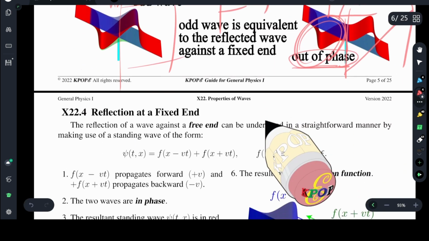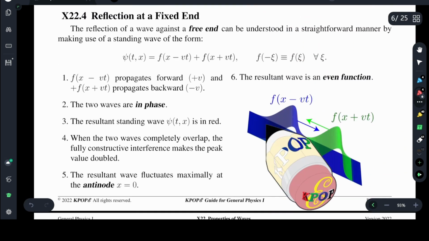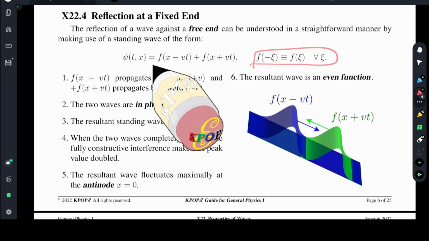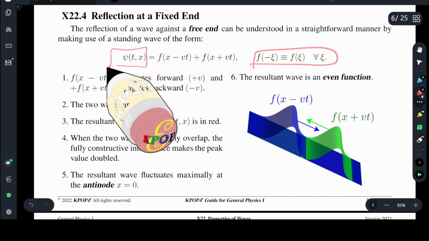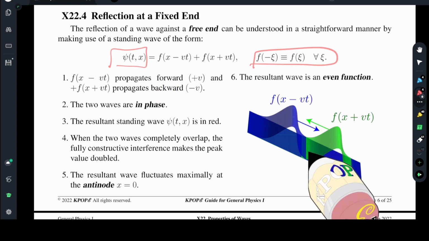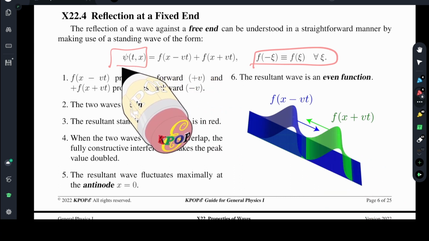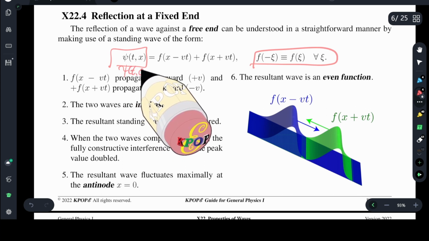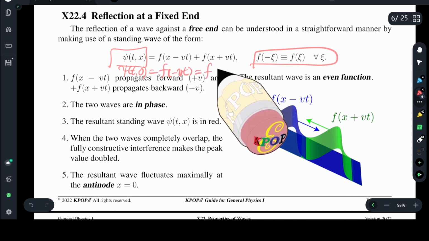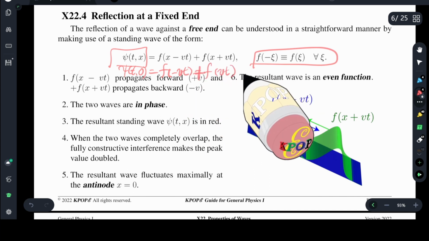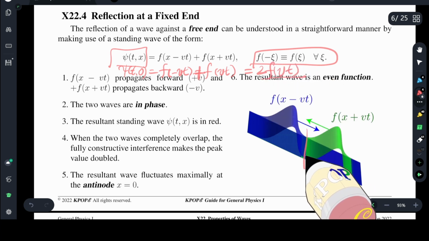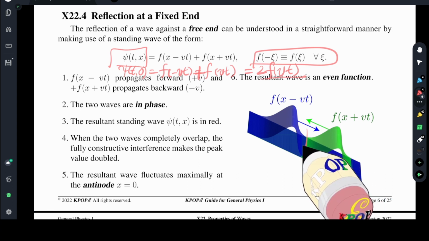All right, next one. At a free end, we still use the same even function f to describe the wave function psi. In that case, if we substitute x equals 0, f of minus vt plus f of vt equals 2 times f of vt. So in the middle, it is always double the single wave function.